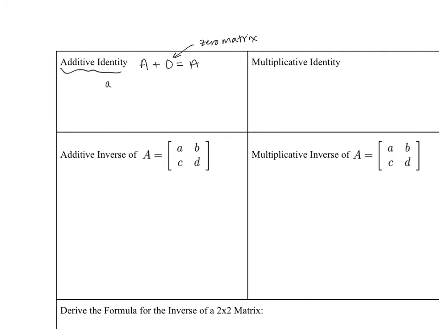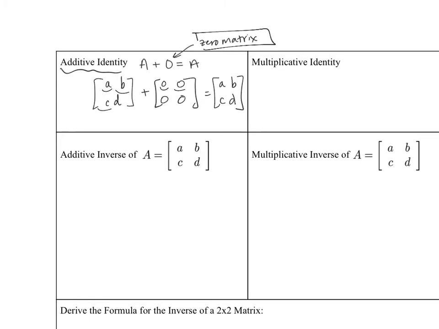So if I have A, B, C, D, I need to think about what I can add that would still get me the A, B, C, D. Now, because we add by looking at just the individual entries, this would have to be a 0. This would have to be a 0, 0, and 0. So really we're talking about our 0 matrix being equal to a matrix filled with zeros. So this is going to be the additive identity.